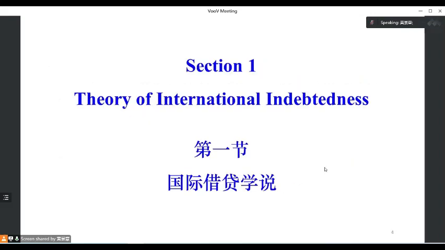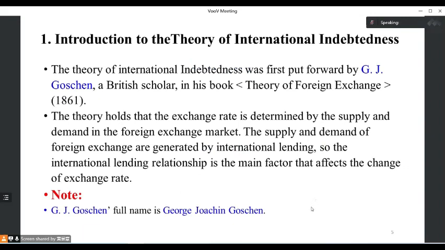Section 1. Theory of international indebtedness. In Chinese, we can say 第一节国际借贷学说。Let's see the introduction to the theory of international indebtedness.